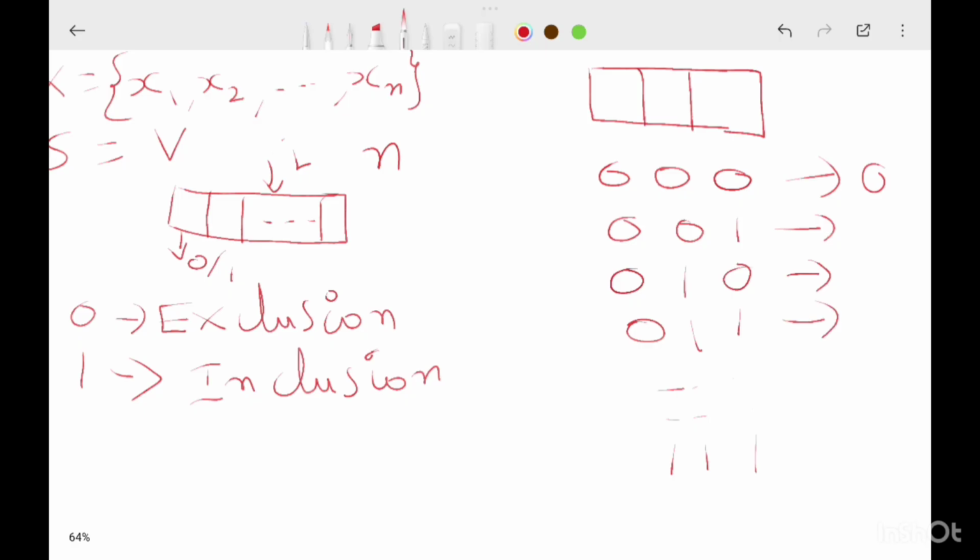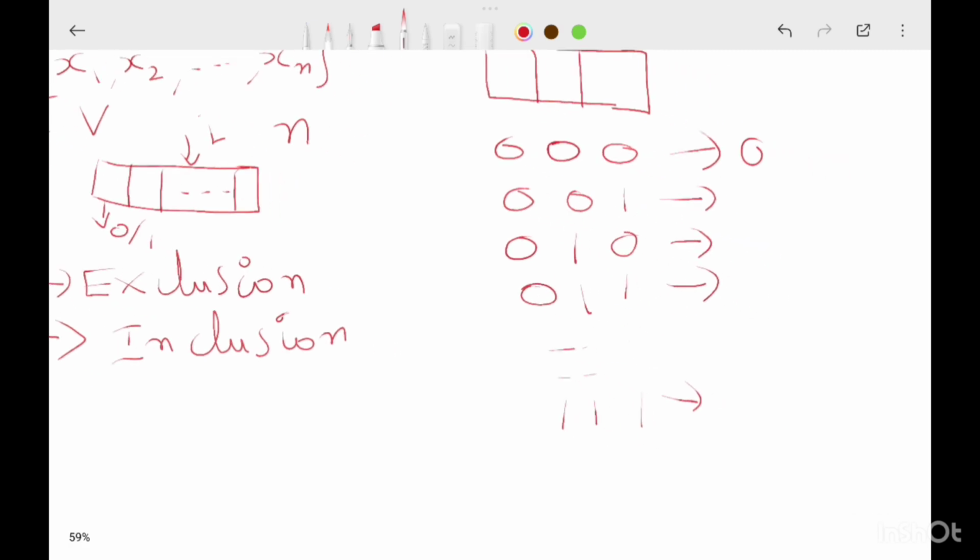Here we include the second and third elements, so the sum of this subset is the sum of the second and third elements, and here we include all the elements, so the sum is the sum of all the elements in the input set. So for all combinations we need to find the sum value, and we need to return the combinations whose sum is equal to the given value v.